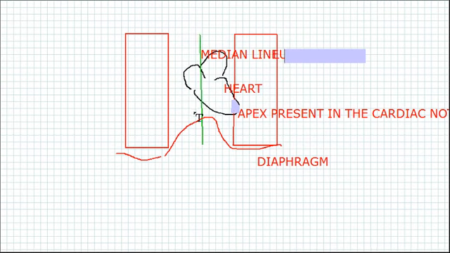But this is the median line, through which two-thirds of the portion of the heart lies towards the left side in normal cases. But in some cases, two-thirds of the heart lies towards the right side. In very rare cases, that condition is known as dextrocardia.